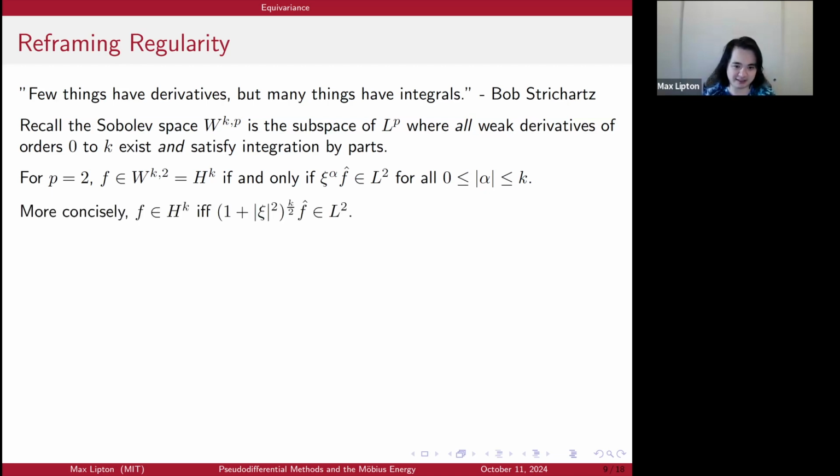And so more concisely, a way to frame this is f is in H^k if and only if (1 plus |ξ| squared), that's a polynomial in spite of the absolute value bars, taken to the power of k over 2, multiplied by the Fourier transform is still in L2.